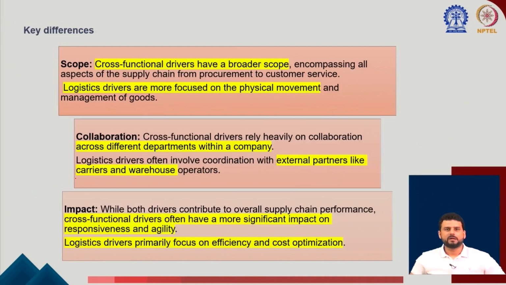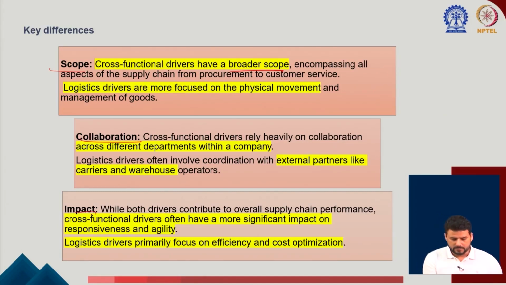So key differences: if we talk about scope, cross-functional drivers have a broader scope, encompassing all the aspects of the supply chain from procurement to the customer end, but logistics drivers take care only of the physical transportation of the product from one end to the other. If we talk about collaboration, in cross-functional drivers it will be across different departments. In logistics, we have external partner collaboration, right?